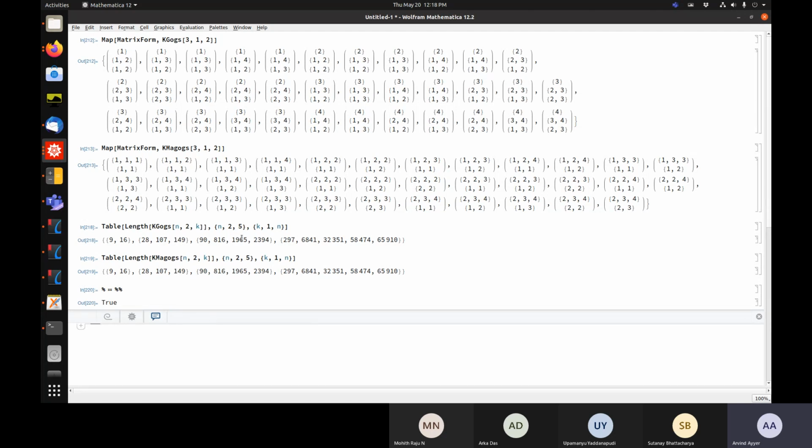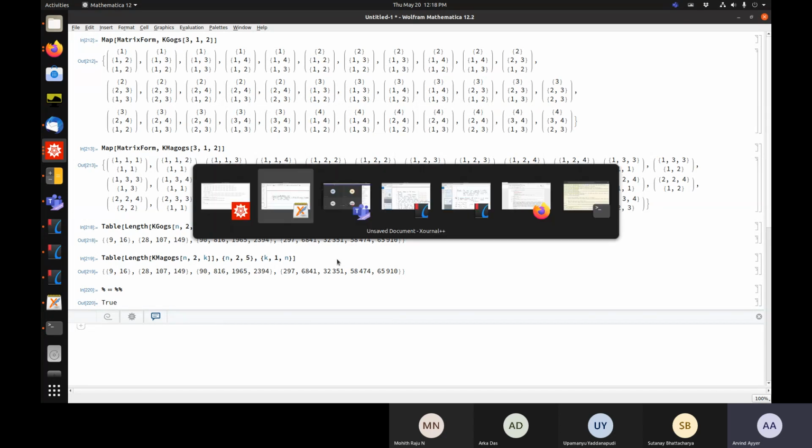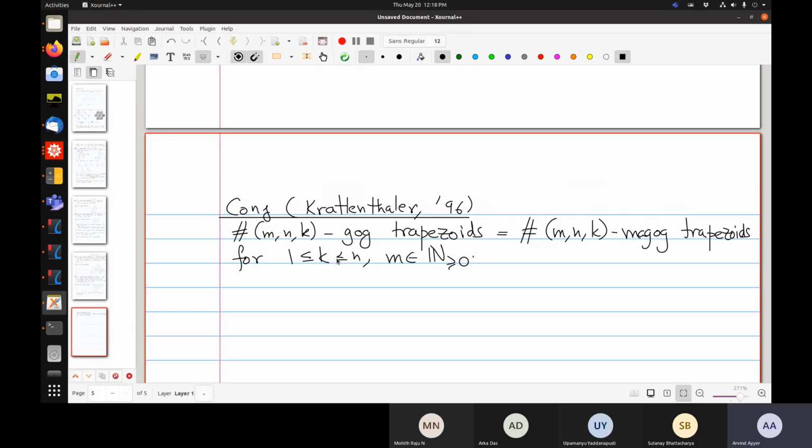This is already up to size 5, and there's an enormous amount of data, which leads one to believe that this conjecture has to be true, but this is wide open. No proof is known, bijective or otherwise.